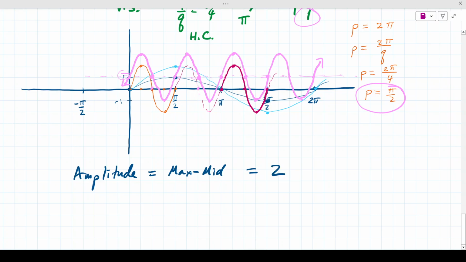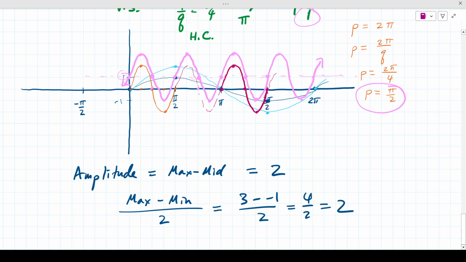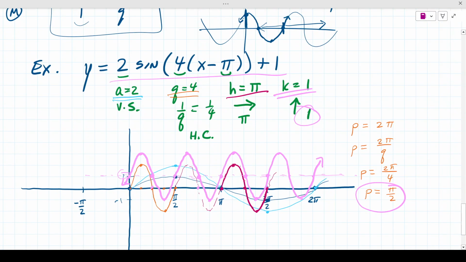We can take the max minus the min divided by 2. That would give us 3 minus -1 divided by 2. That's 4 divided by 2. That's 2. Okay, so that's another way to see the amplitude. Or lastly, your amplitude is always going to be A. Okay, that's the amplitude.